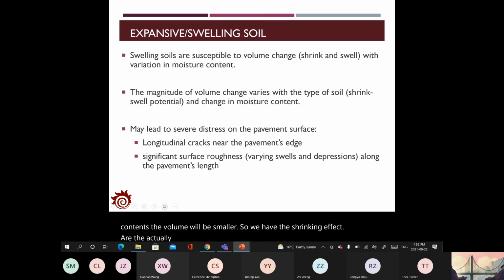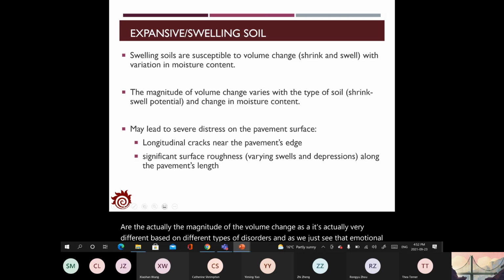The magnitude of the volume change is very different for different types of soils, and as we just saw, the moisture content will affect the change of volume.